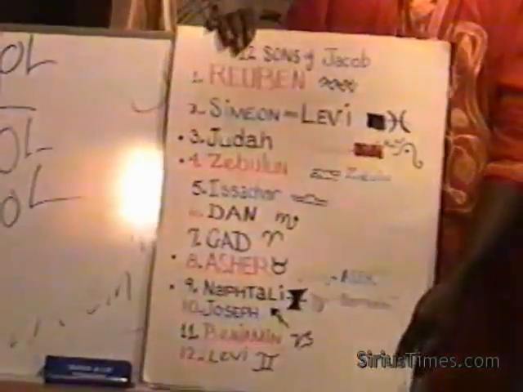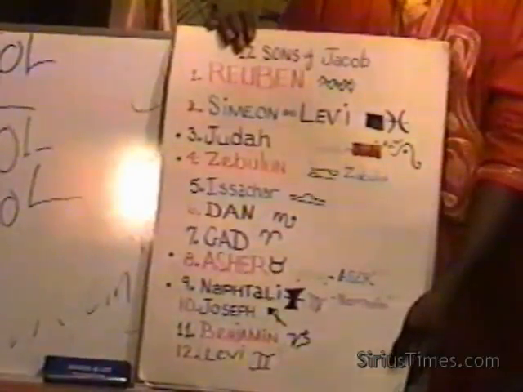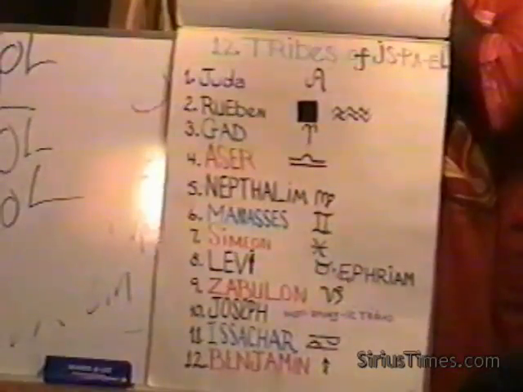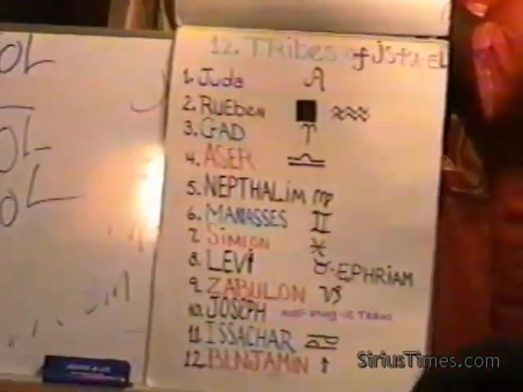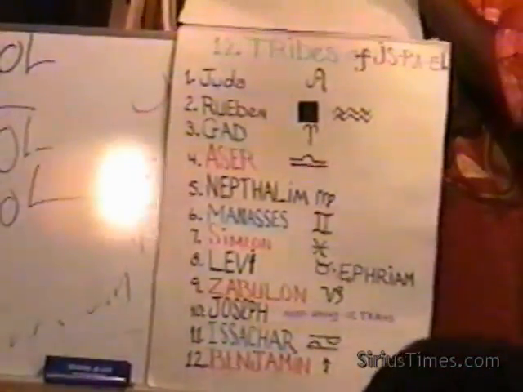Do you see Ephraim and Manasseh there? Right. Do you see them there? Oh, she couldn't see. Oh, okay. I'll turn it this way a little bit so you can take a look at it.